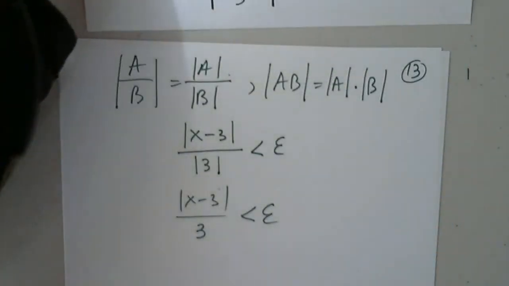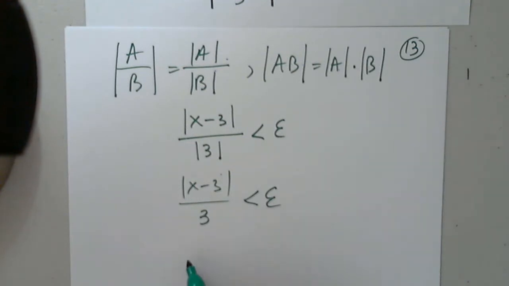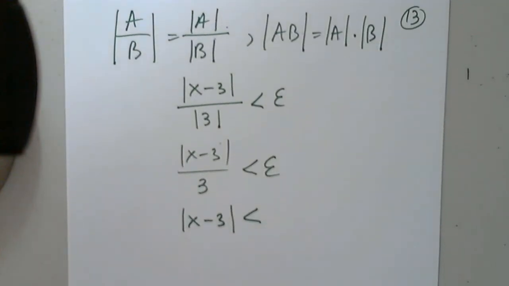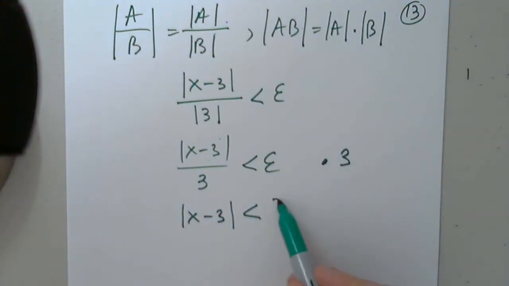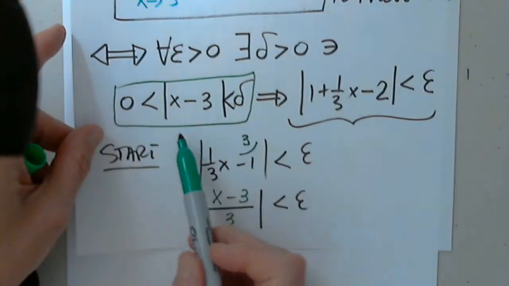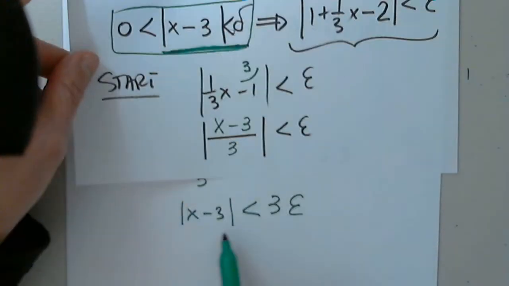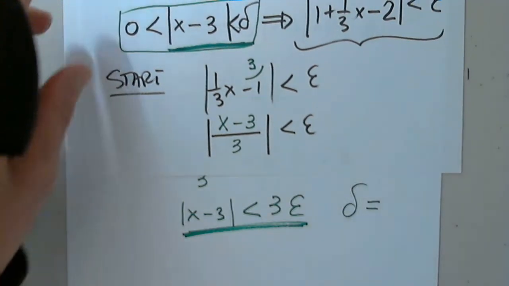So what should I do to solve this inequality for x minus 3 in absolute value? Multiply by 3. That's it. Now compare these two, this to this, and tell me how much is delta.